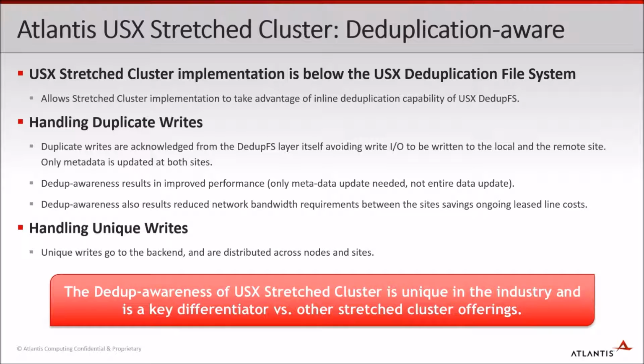One, of course, because you have USX on both the sides, you are automatically saving whatever inline deduplication savings you're getting. So it could be 50, 60, 80 to 90%, depending on the workload. But then secondly, for every duplicate I/O, I only send the metadata, which means 2 things. The bandwidth requirements on the links that connect the 2 sites are actually quite minimal.